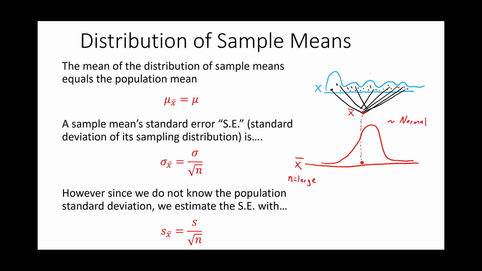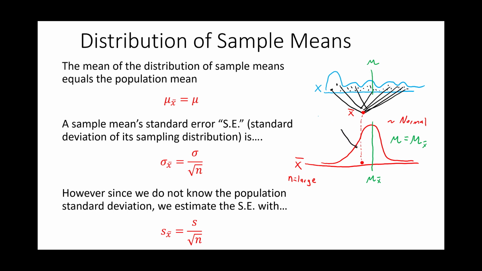On top of that, the center of our distribution, mu, equals the exact same value down below, which we denote as mu x bar. Mu equals mu x bar. Those two values are exactly the same.